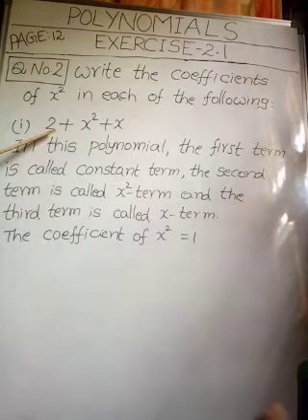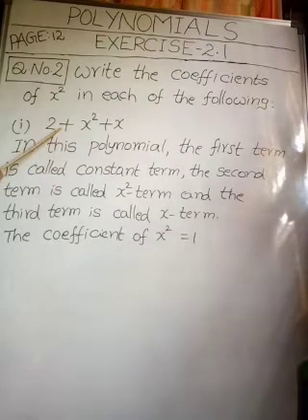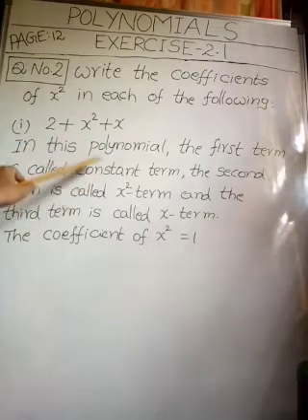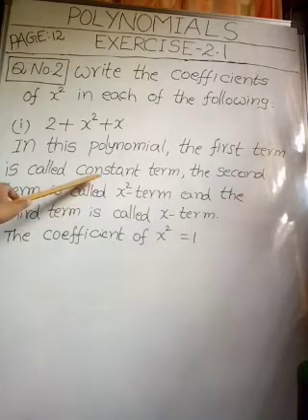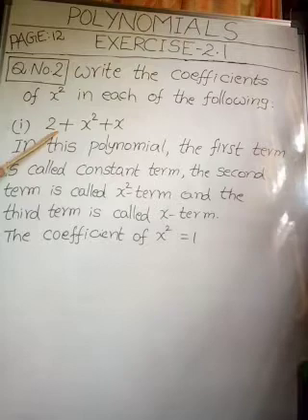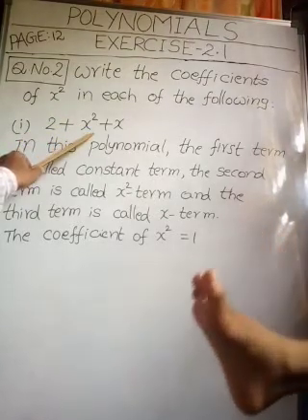this first term is called the constant term because no variable is there. Many of the students don't know the names of the terms. That is why I am explaining these points clearly. So this first term is called the constant term because no variable is there. The second term is called the x square term.